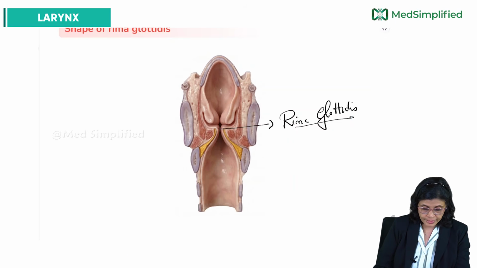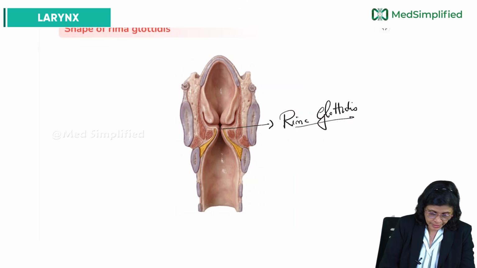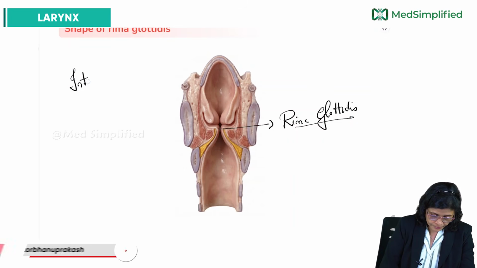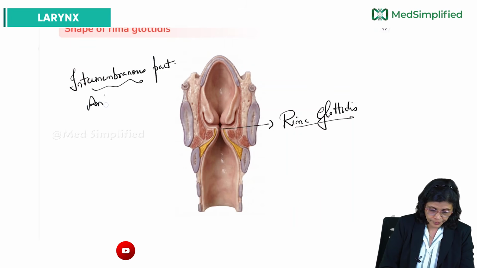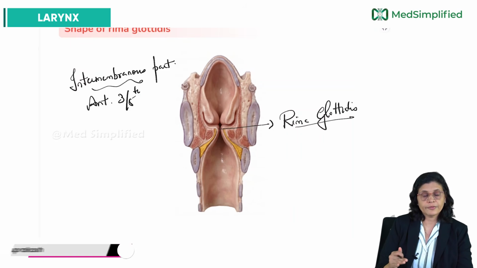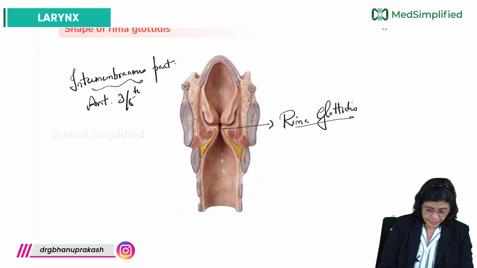One we call the intermembranous part. This will be in the anterior 3/5 between the two vocal cords.